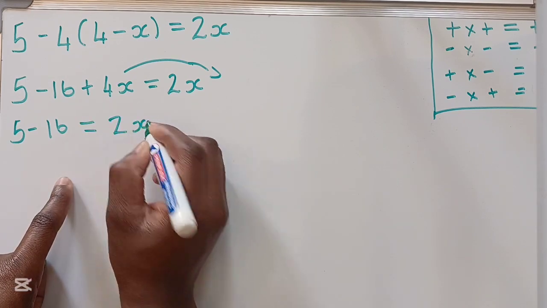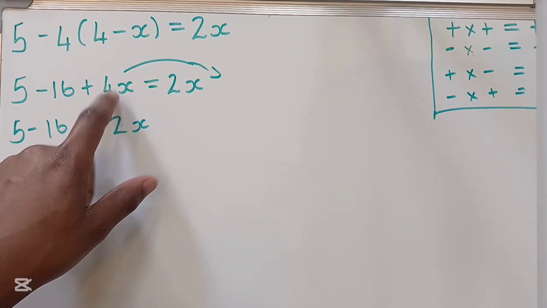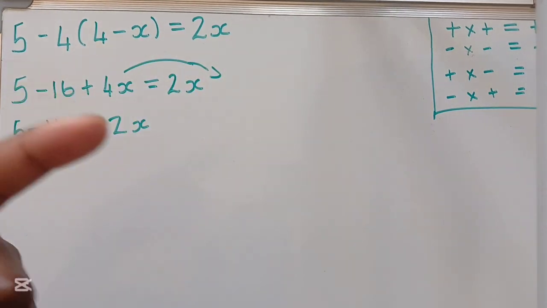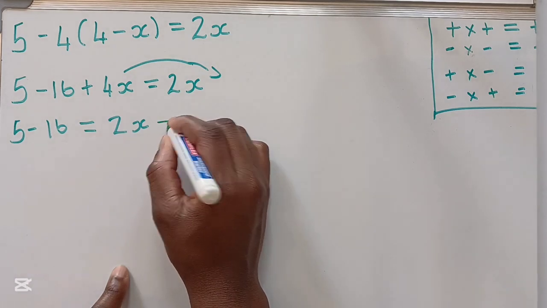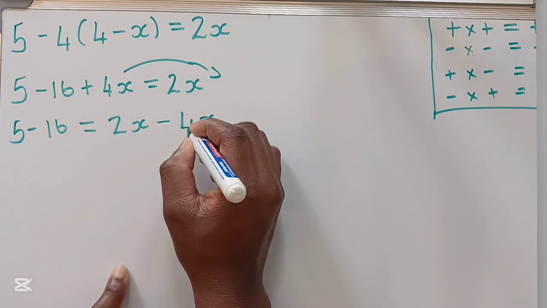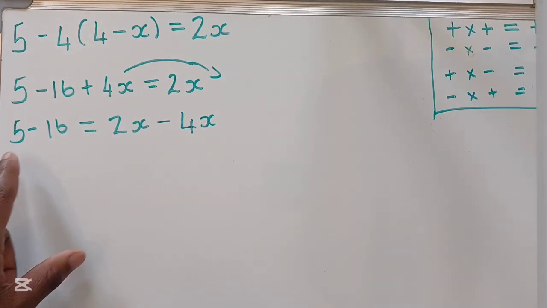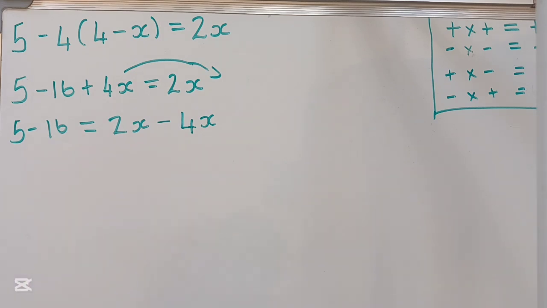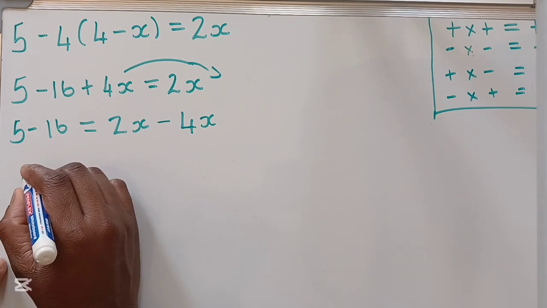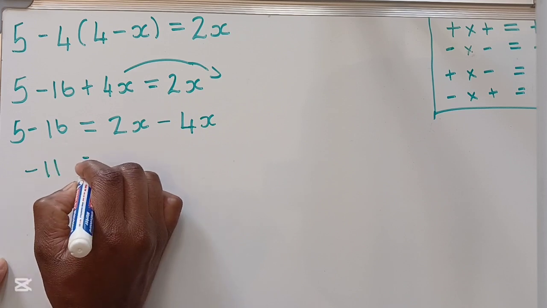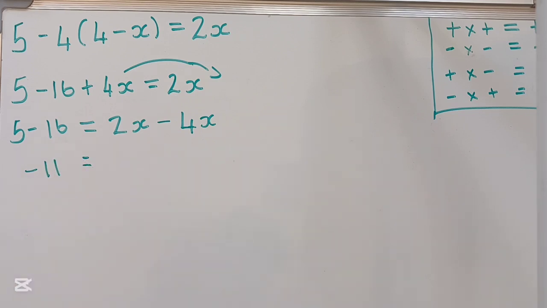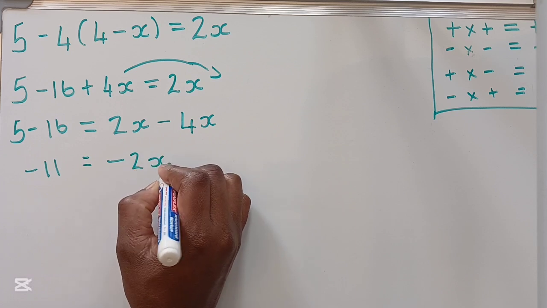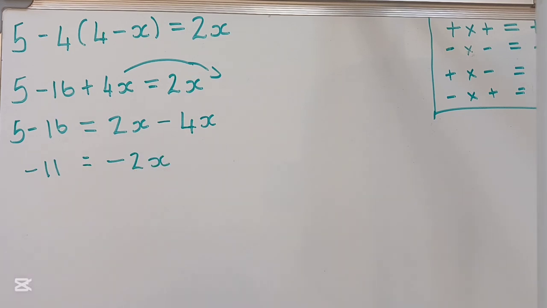I'm going to move 4x to this side. When you move 4x to the other side, the sign changes from positive to negative 4x. Since these are like terms, we can solve them. 5 minus 16 will give you negative 11. 2 minus 4 will give you negative 2x. We are not done yet.